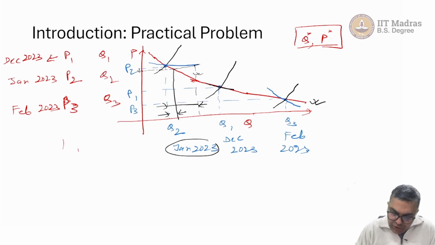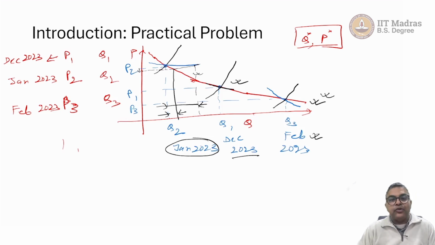In Jan 2023, your demand is way more elastic, but the red curve is much less elastic. In this month of 2023, it so happens that the demand curve overlaps the red curve. And in Feb 2023, if you take the red curve, you will think demand is much more elastic than it really is. So, you get into trouble if you use this technique.